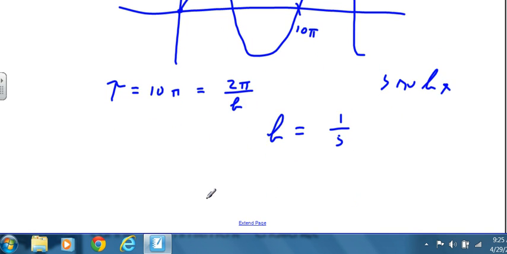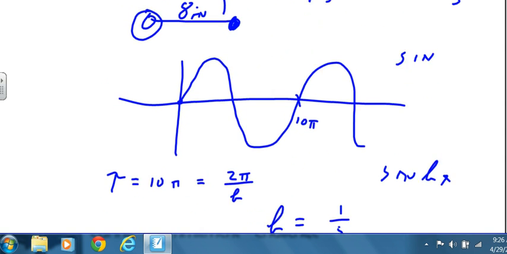All right. So now I need the equation of the function, and so I'm going to have sine 1/5 x, and then I'm going to ask myself, what's the amplitude? 8 inches.